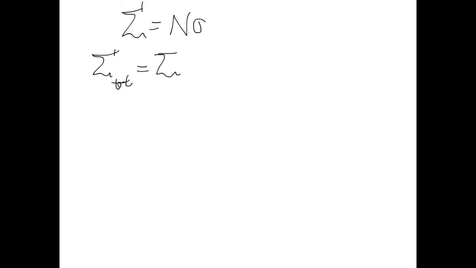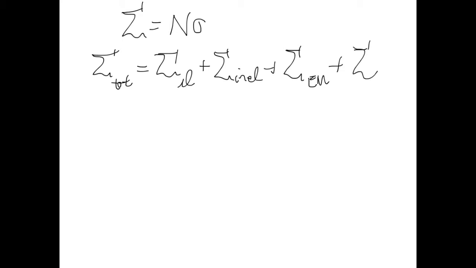So we have the macroscopic cross-section for elastic scattering, inelastic scattering, electromagnetic interactions, charged particles, neutral interactions, and fission. So those are our 6 interaction probabilities.